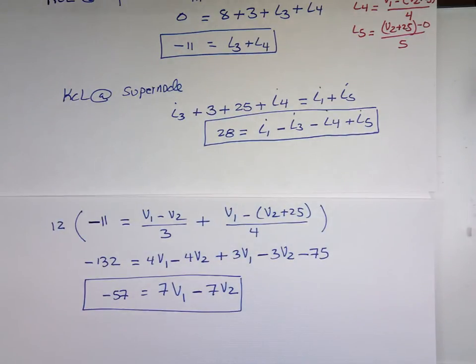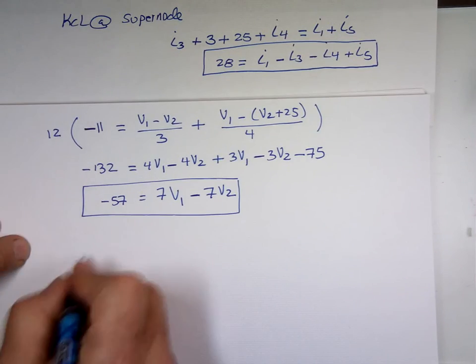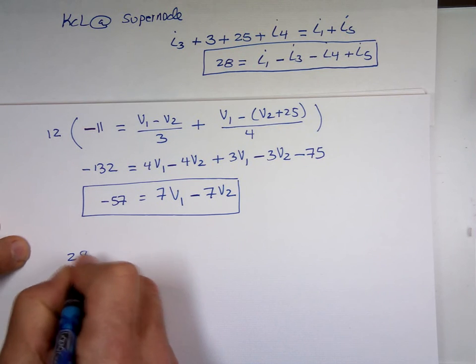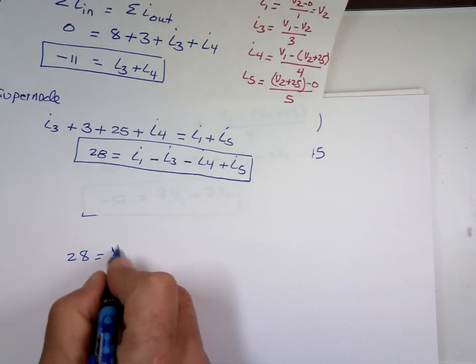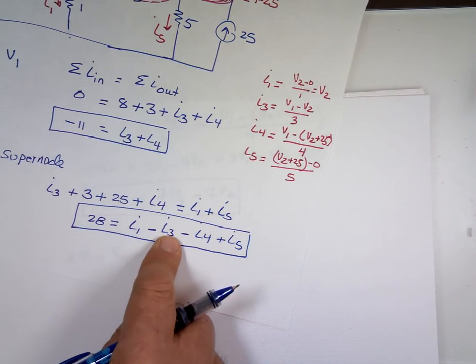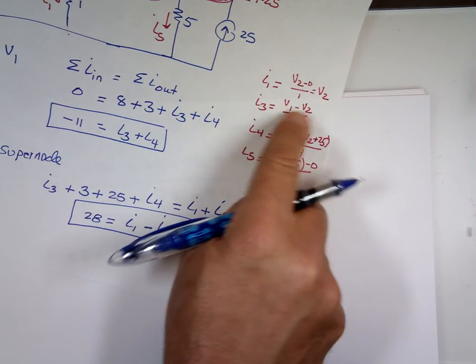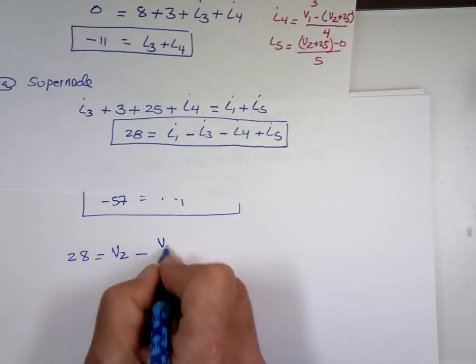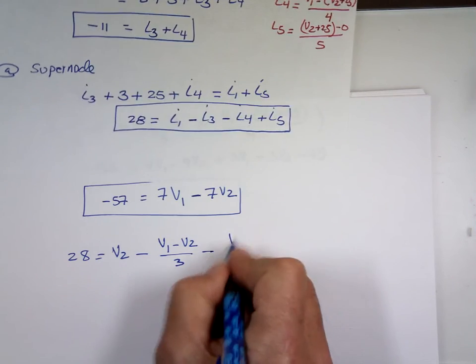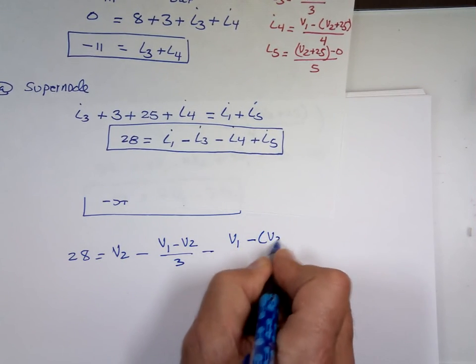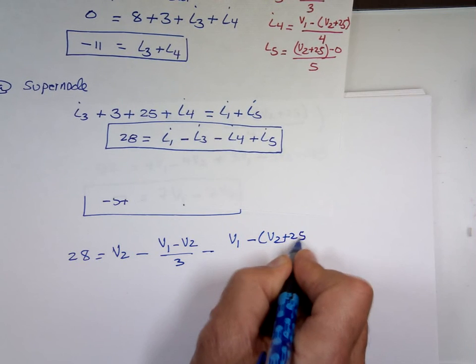Now let's do the other equation. 28 equals I sub 1. I sub 1 is what? V2. Minus I sub 3, which is V1 minus V2 over 3. Minus I sub 4. V1 minus V2 plus 25 over 4.